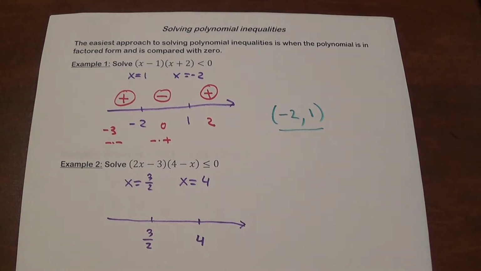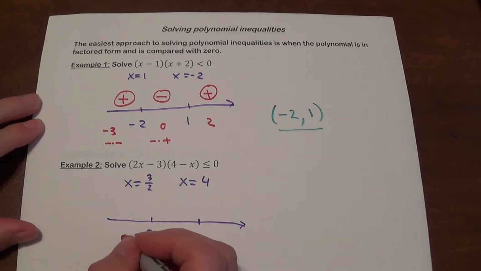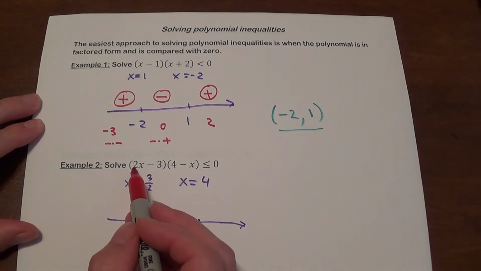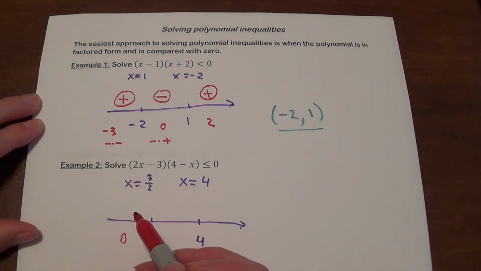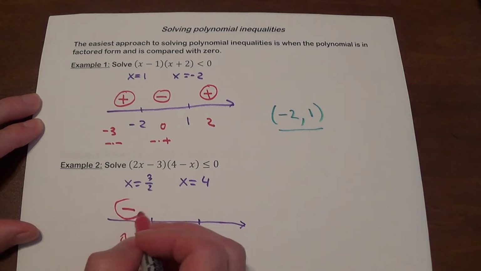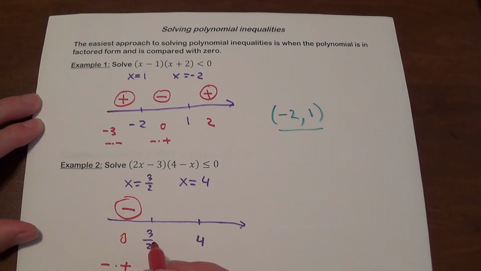Now let's check the signs. So let's use 0 here. So 2 times 0 minus 3 will give us a negative value. 4 minus 0 will give us positive value. So we have negative times positive, thus making the whole thing negative. Number between 3/2 and 4.